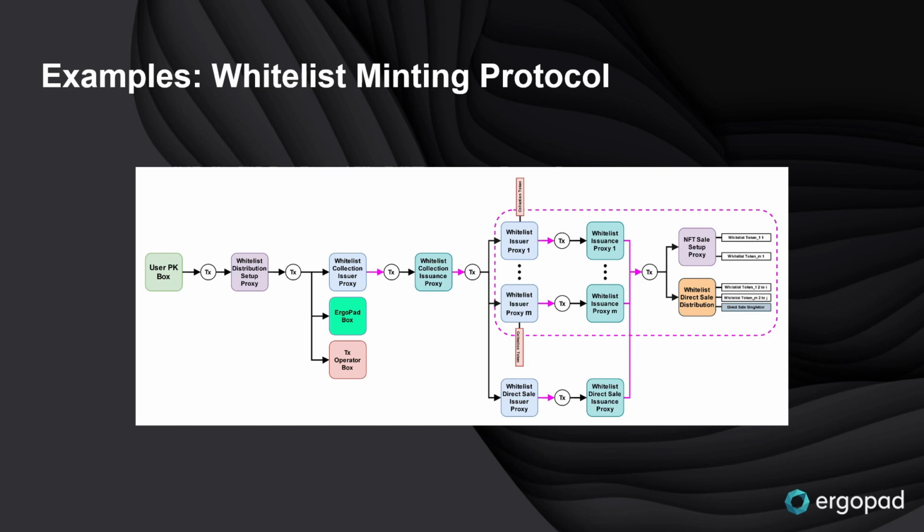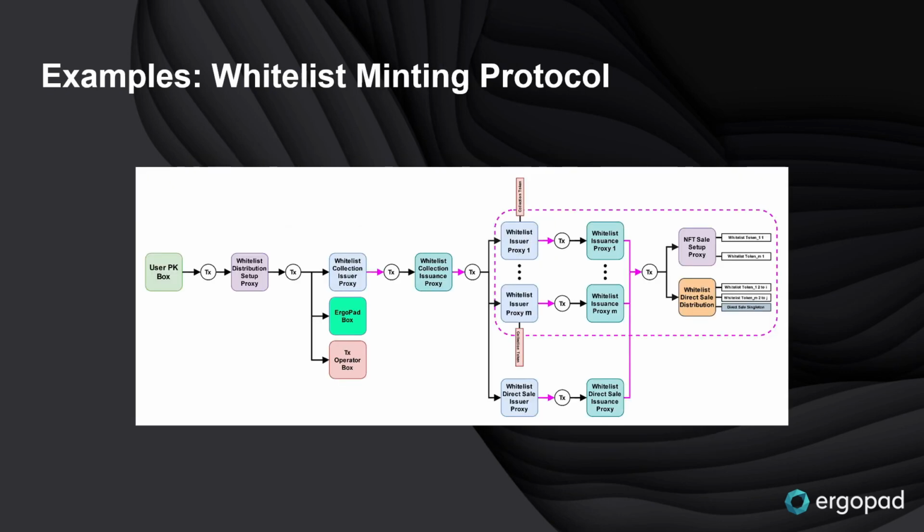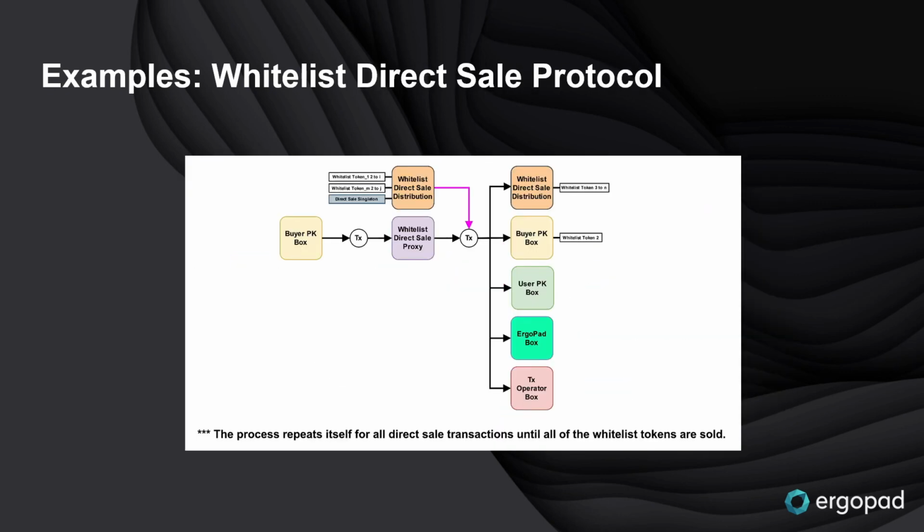So now we're going to cover what the direct sale is. So here, this direct sale, it was created in the whitelist minting protocol section, and then it gets chained in this direct sale protocol. So a user would send money to a direct sale proxy, which ensures that the funds go to the right boxes in the right way.